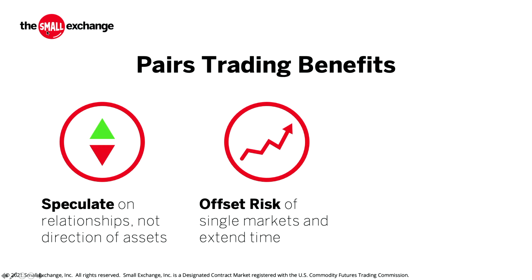Also, it allows you to offset risk that single markets can pose and extend time. Now, this is something that I'm excited to go deep on because it's not the first thing that people think about. But given the current landscape, a good example of this might be the fact that stocks over the last couple of months have gone higher and higher and higher until actually today.